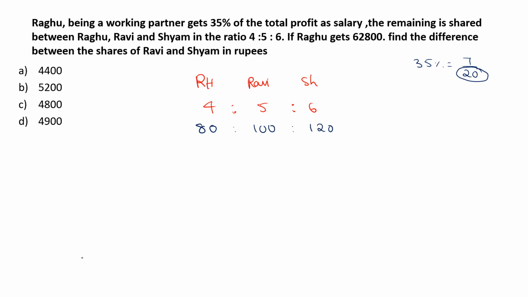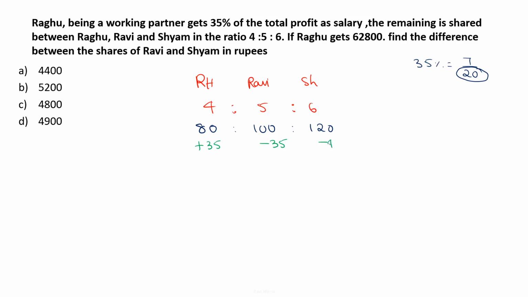Now take the value of 35% and transfer the 35% to Raghu. The value of 35% of 100 is 35. That means Ravi is 35 less and Raghu is 35 more than what he has already. The 35% of Shyam: 10% of 120 is 12, 30% is 36 and 5% is 6, that means 42.